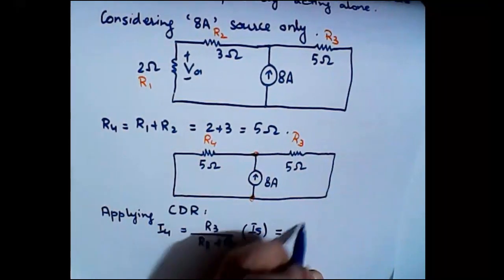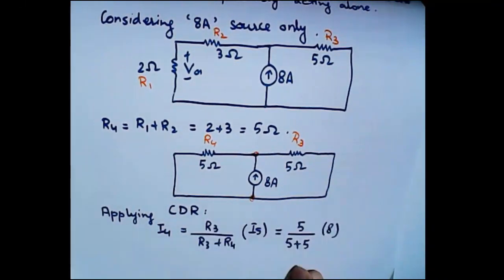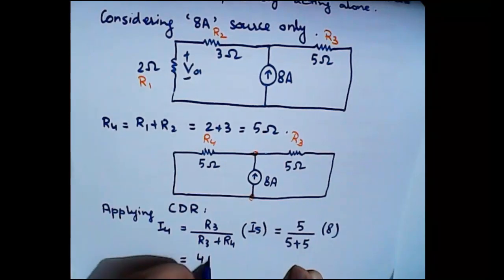So it will give 5 divided by 5 plus 5 multiplied by 8. So it will give a value of 4 amperes.